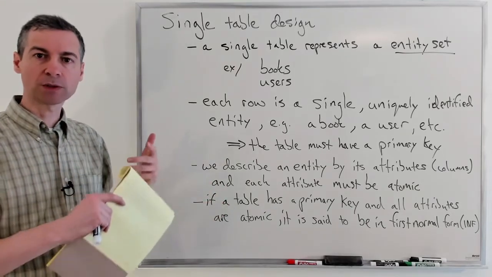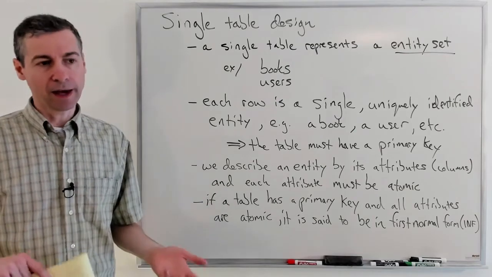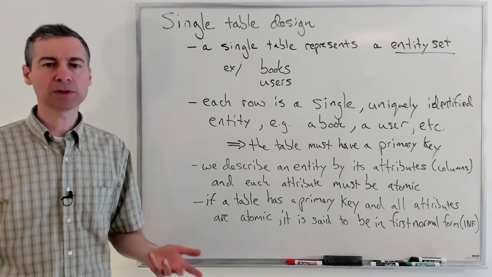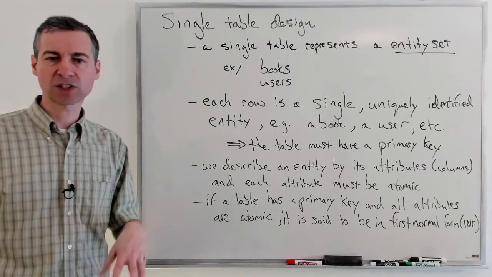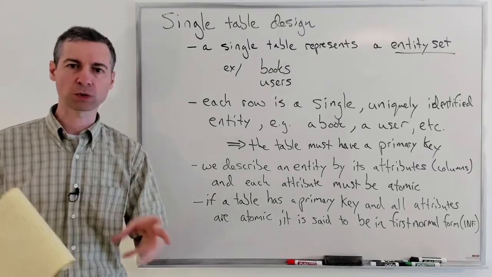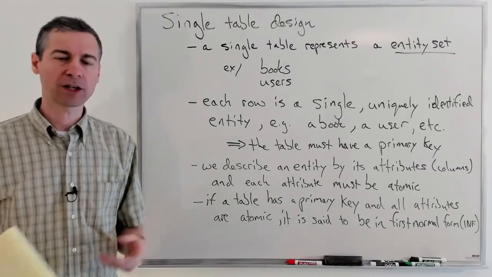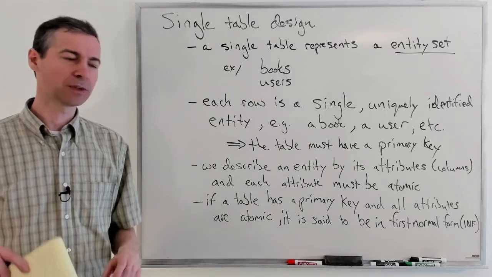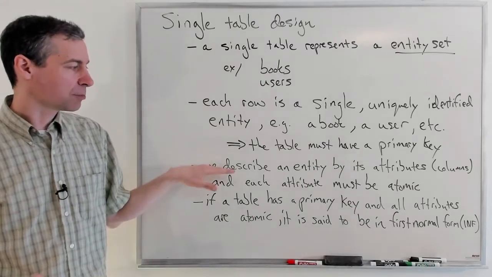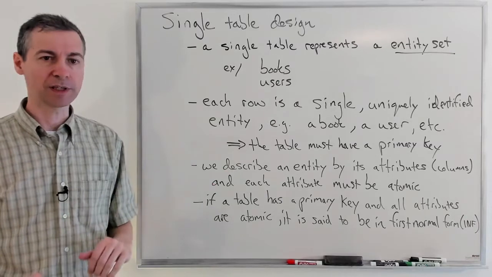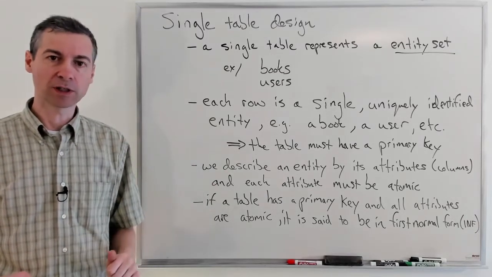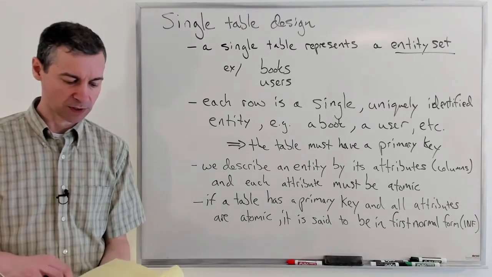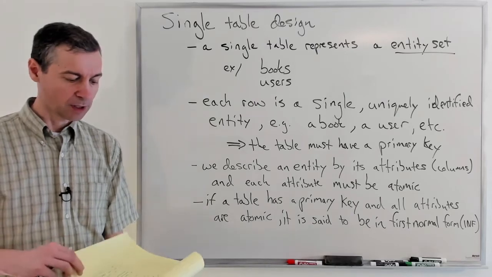So it's really important that we understand this, that we don't just make tables and feel good and use them as a raw storage device and figure out how to use it later. No, we're going to carefully do this such that our attributes are atomic, and we have primary keys, and we're on the road to success with these entity tables.